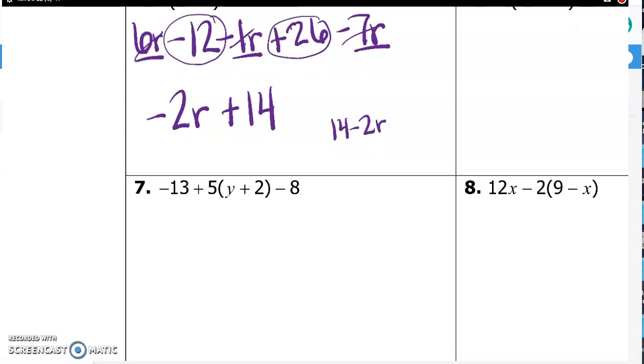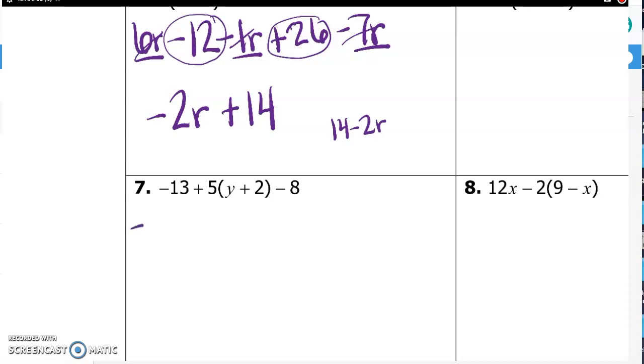Number 7 is a tricky one. Most people put these two numbers together to get negative 8 and then distribute negative 8. That is very, very wrong. Remember, we wrote step 1 has to be to distribute. You have to multiply before you add or subtract. So when you see a problem like this, you have to multiply first.